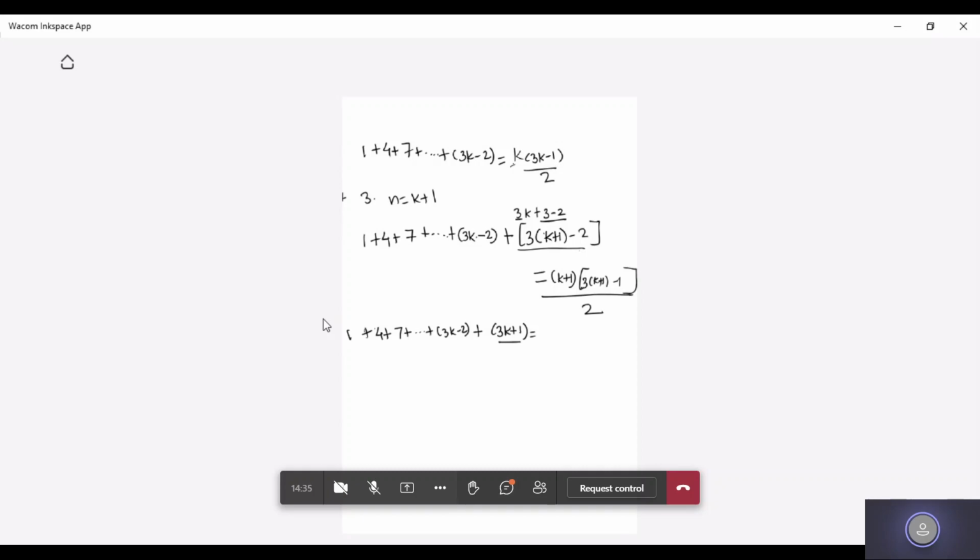Okay. And then let us simplify this. It is 3k plus 1. So (k plus 1)(3k plus 3 minus 1) divided by 2. So it would be (k plus 1)(3k plus 2) divided by 2.